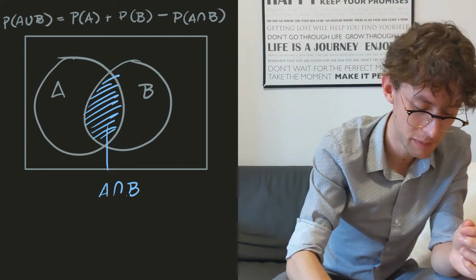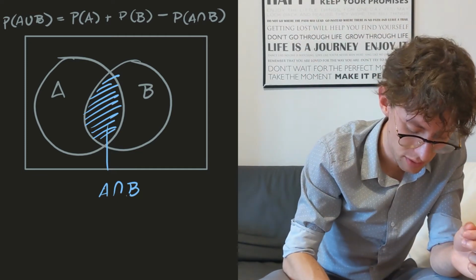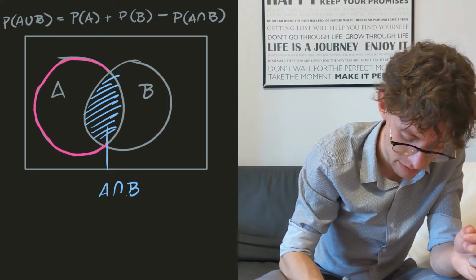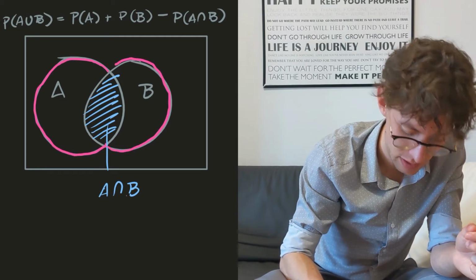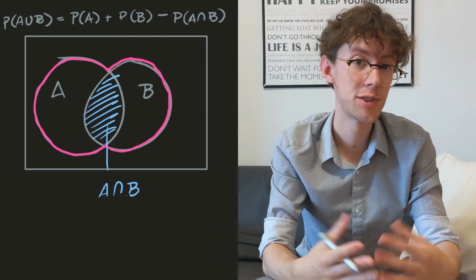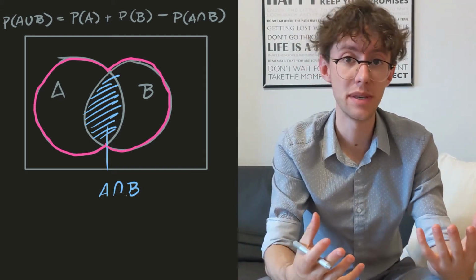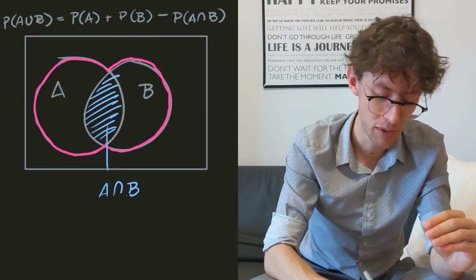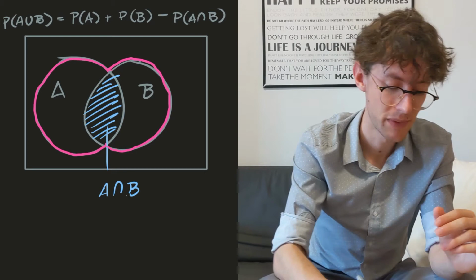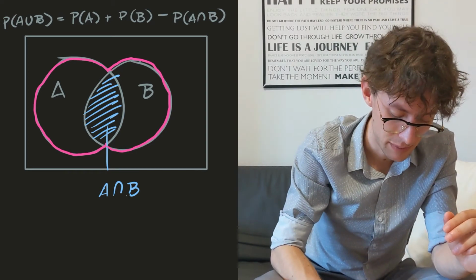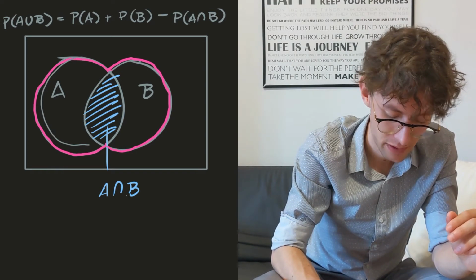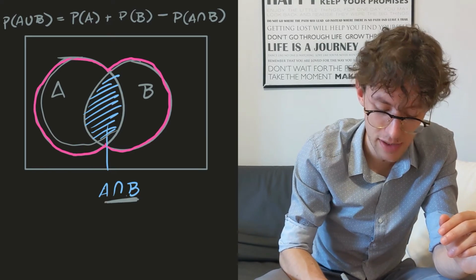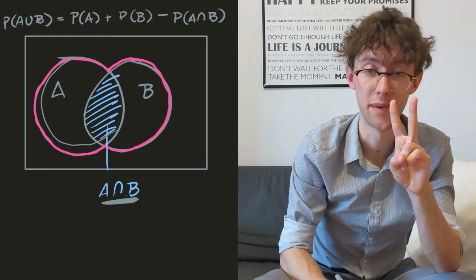If I want the probability of this whole section, the probability of the union of A and B, I have to sum the probability of A and B, but A intersect B is inside both A and B. So if I sum the probability of A and then the probability of B, I would have A intersect B twice, right?